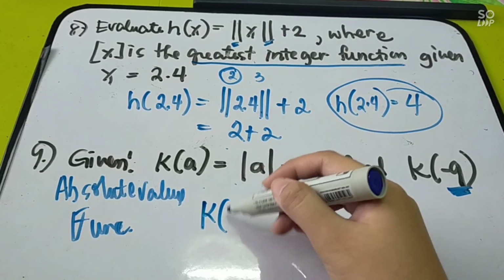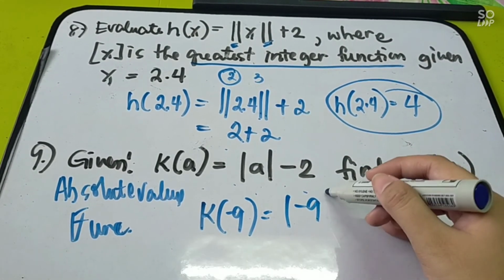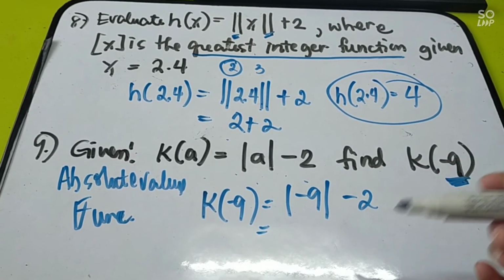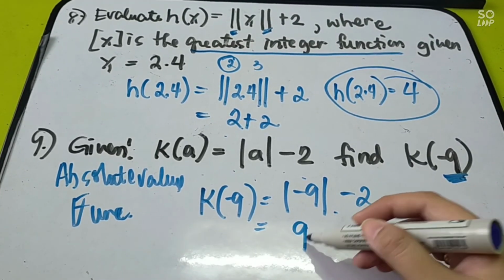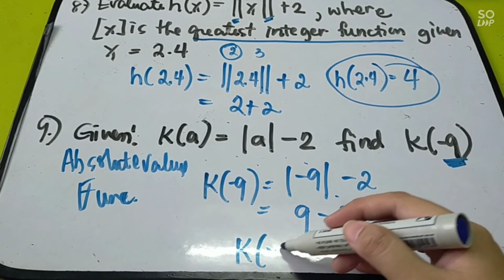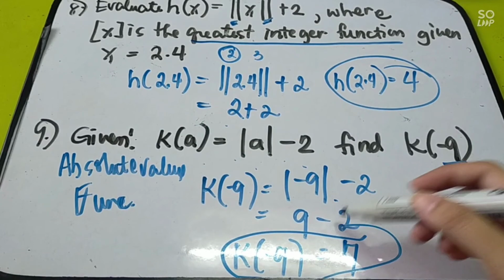So, k of negative 9 is equal to absolute value of negative 9 minus 2. The absolute value of a number is always positive. So, itong absolute value ni negative 9, magiging positive 9. Then, minus 2. Therefore, k of negative 9 is equal to 9 minus 2. We have 7. That is it.